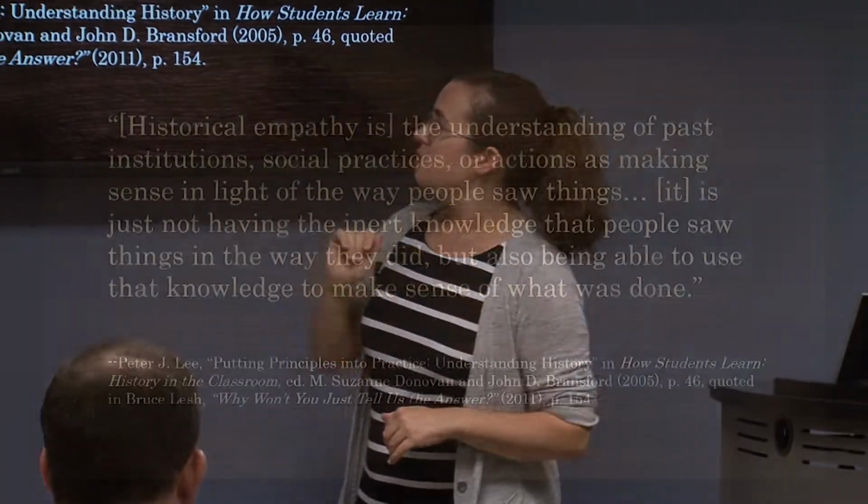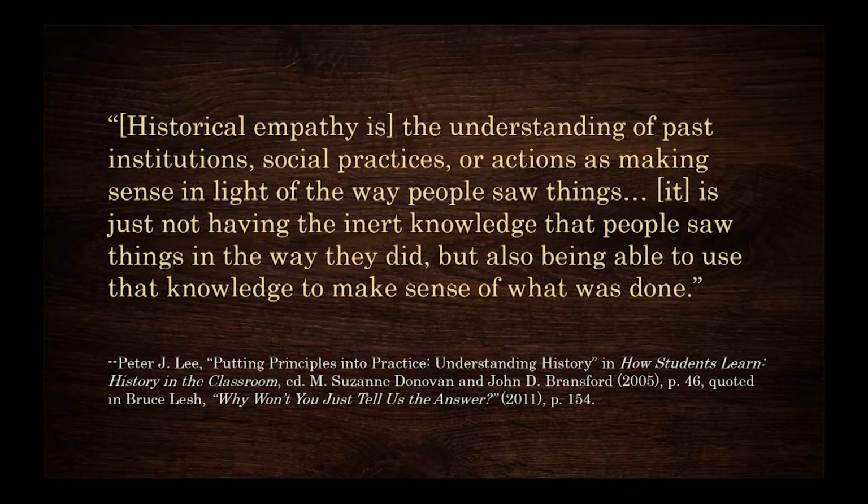Anyway, and so he quotes Peter J. Lee saying, historical empathy is the understanding of past institutions, social practices, or actions as making sense in the light of the way people saw things. It is not just having the inert knowledge that people saw things the way they did, but also being able to use that knowledge to make sense of what was done.